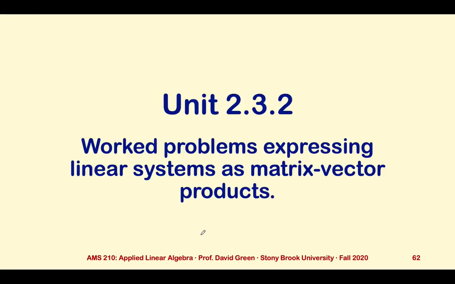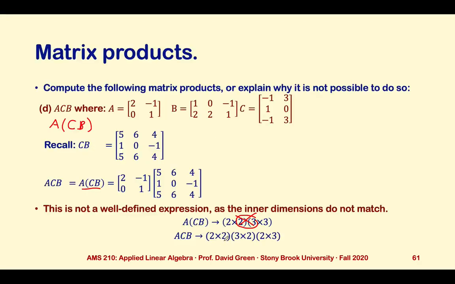In order for this triple product to be well defined, the two pairs of inner dimensions both have to match. And in this case, one of them matches. That's why we were able to evaluate CB in the earlier example. But this one doesn't. As long as one of the pairs of inner dimensions is inconsistent, that's enough to make the whole expression undefined.